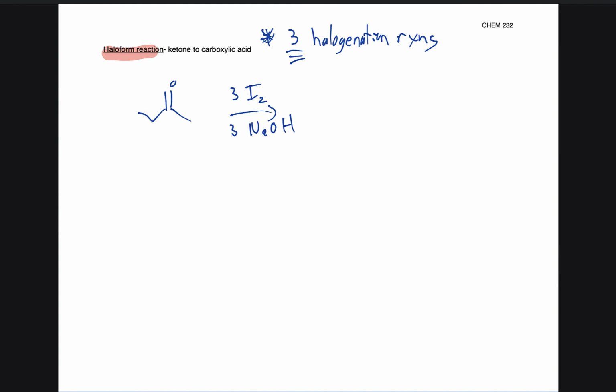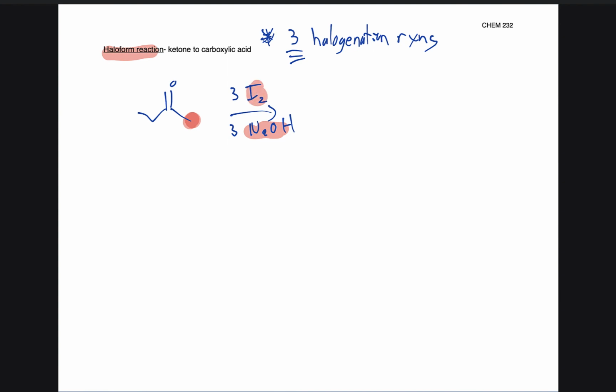So to remind ourselves, these are undergoing basic conditions. And what we end up doing is we go through this process of making this carbon nucleophilic several times over. We have our base grabbing the acidic proton here, going through this enolate, and then attacking the I2, right?